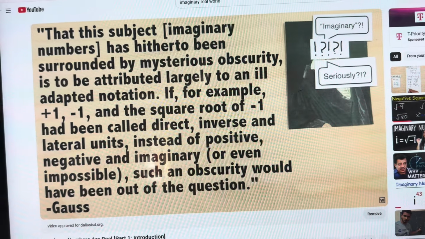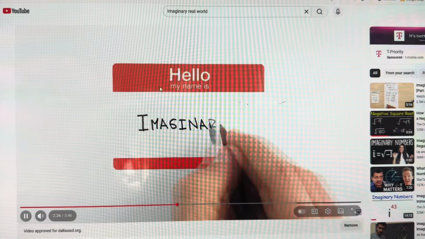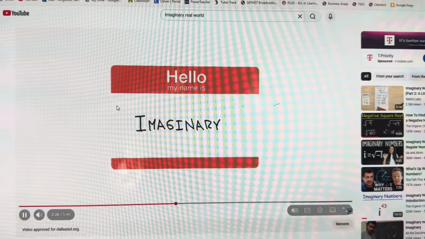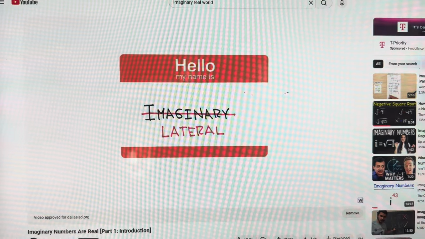So yes, our missing dimension is comprised of numbers that have been given the ridiculous name imaginary. Gauss proposed these numbers should instead be given the name lateral. So from here on, let's let lateral mean imaginary.